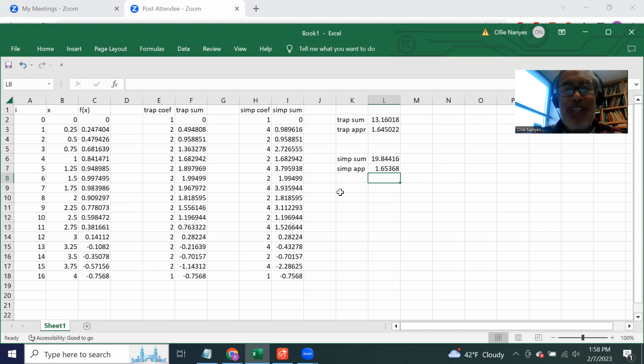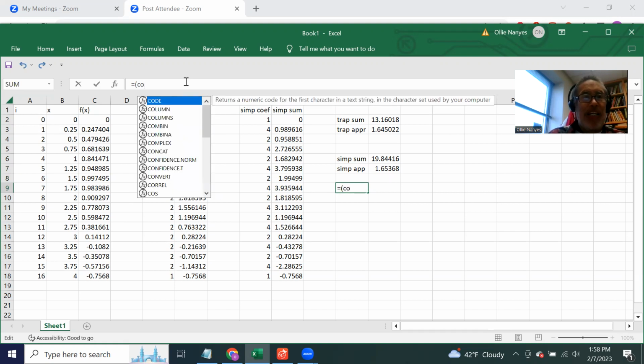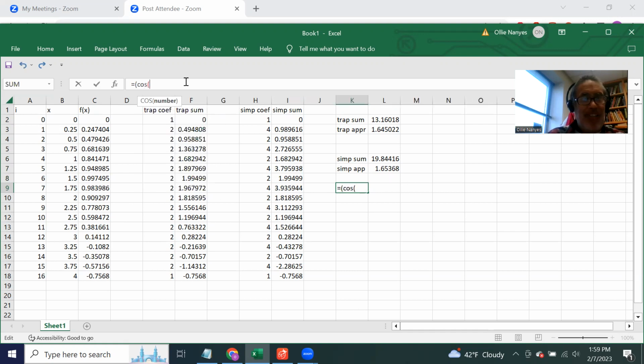Now, in this particular case, just for example, I was integrating the sine of x between x equals 0 and x equals 4. From the fundamental theorem of calculus, since the antiderivative of sine is negative cosine, the actual answer is cosine of 0 minus cosine of 4.